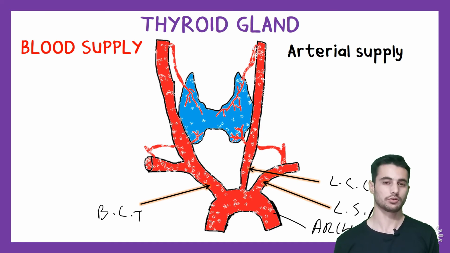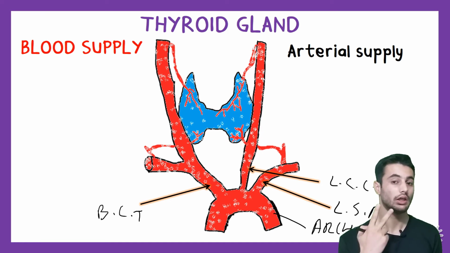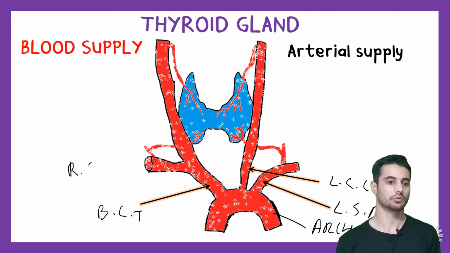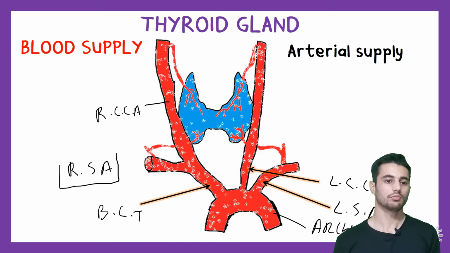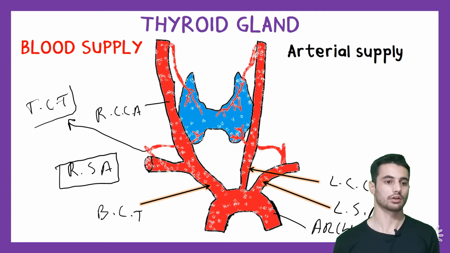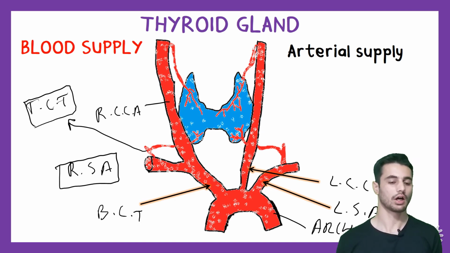The brachiocephalic trunk divides into two branches: the right subclavian artery and the right common carotid artery. Now, from the right subclavian artery, a trunk arises, which is known as the thyrocervical trunk. Now, this trunk is giving us the inferior thyroid artery.